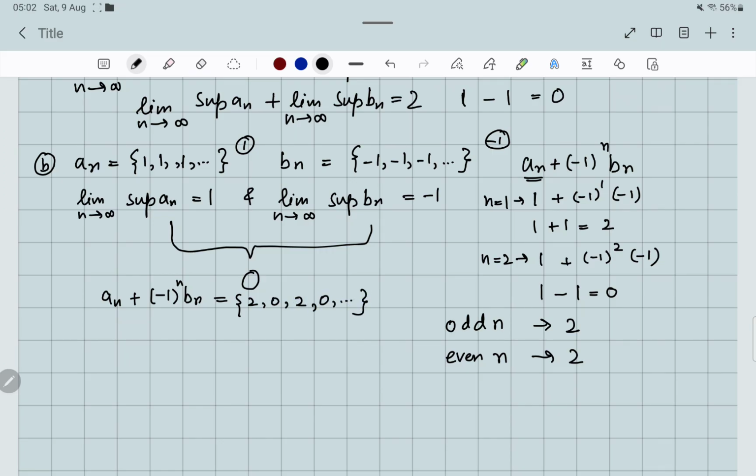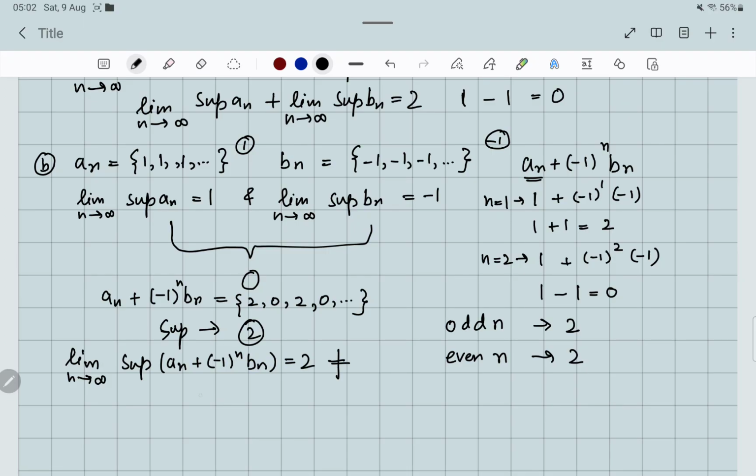So what is the supremum over here? Supremum is 2, and limit supremum of a_n plus (-1)^n b_n equals 2.